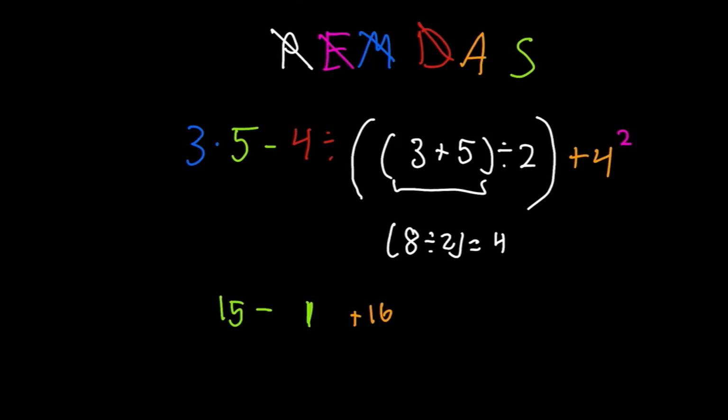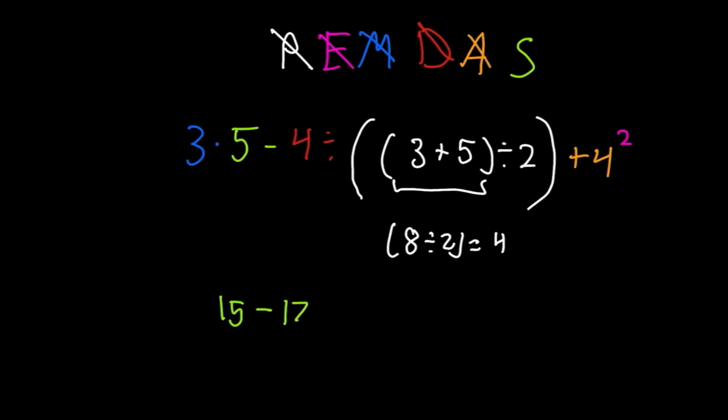And we're done with the division step. And now the addition step is going to be that 1 plus 16, circling it right here. And then 1 plus 16 is going to be 17. Now we're done with the addition step.